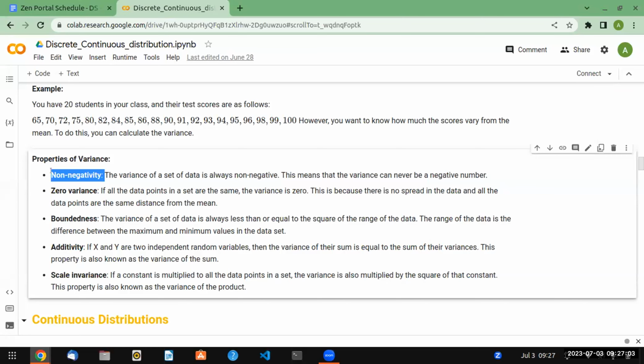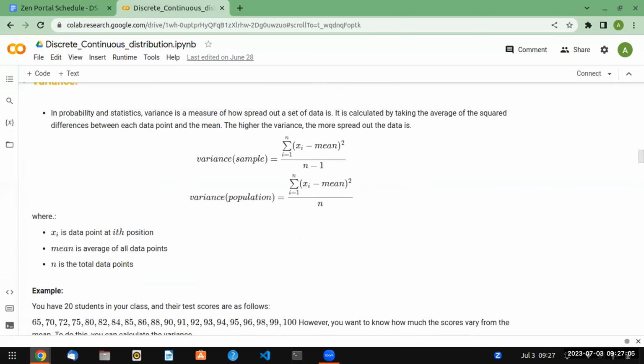Now, this non-negativity will make sense whenever you see this formula, because the formula itself is a square, isn't it? So this upper part can't be negative. In mathematics, when you square a number, even a negative number, it will be positive.